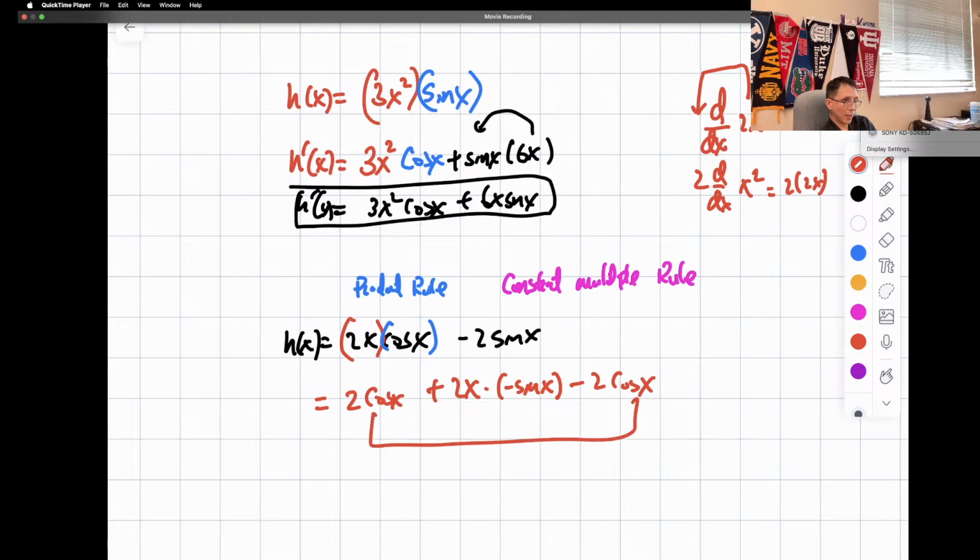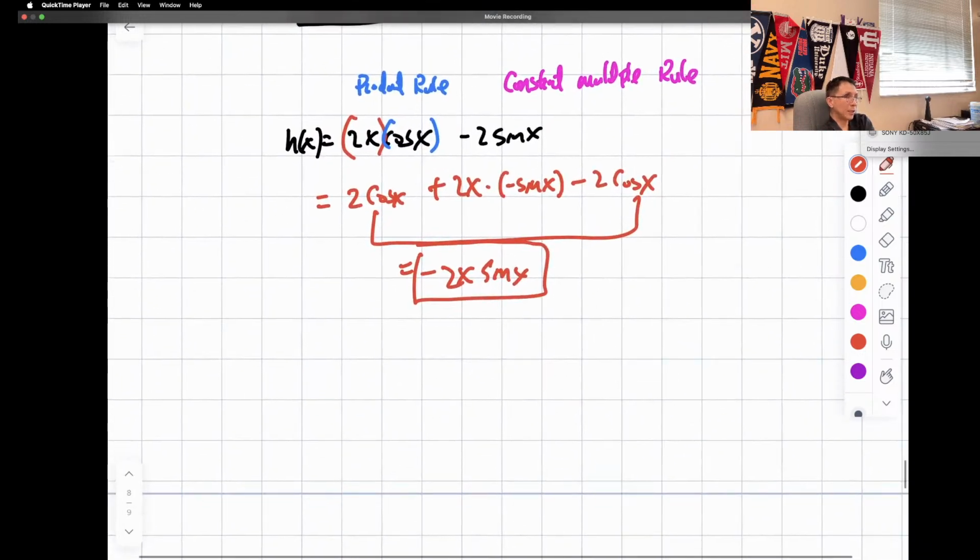This 2 will cancel out, so it's going to be 2x negative sine of x. Okay, is this okay?